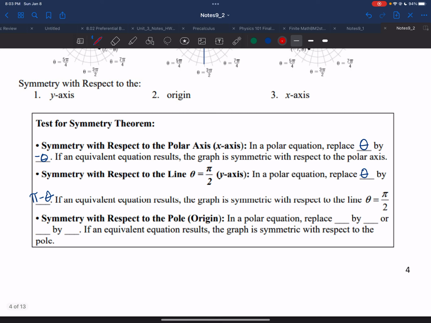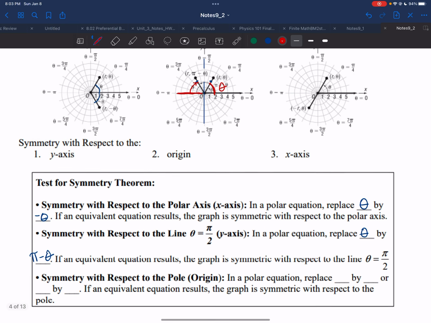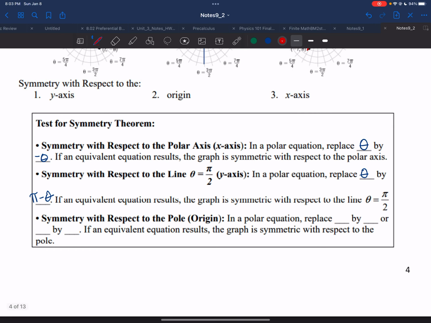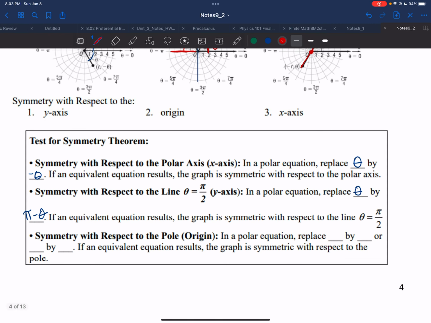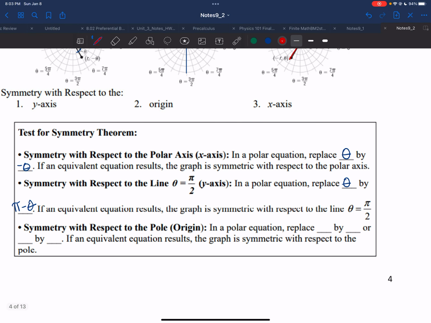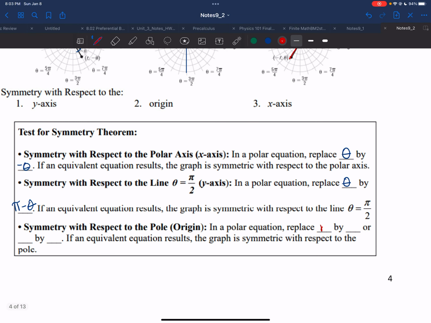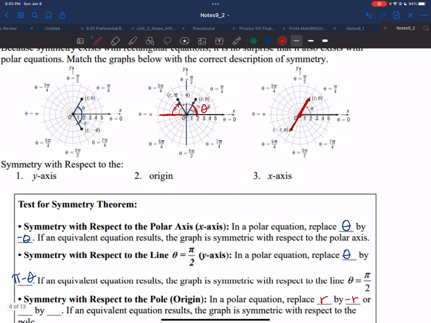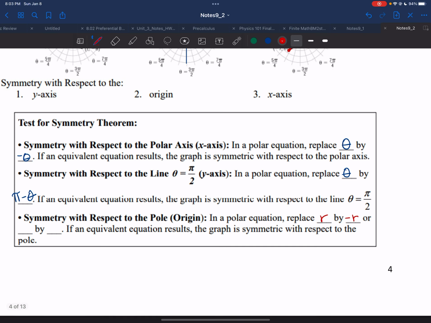And then the last type of symmetry is symmetry with respect to the pole or the origin. That is the center line, right? So anything that goes out radially from the center is going to be symmetrical to that pole. In a polar equation, we're going to replace r by negative r, right? Remember, we had a positive r up here, and then if it was a negative number, then we would go ahead and move it back to the other side.